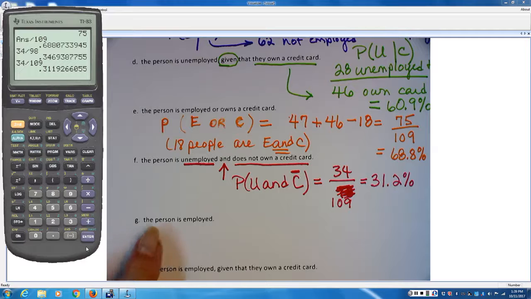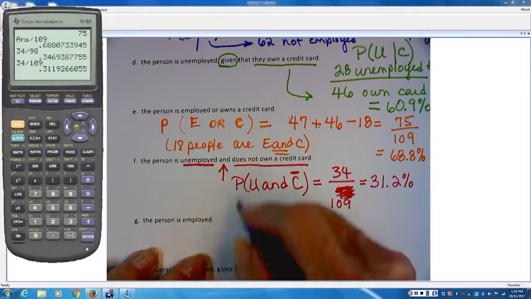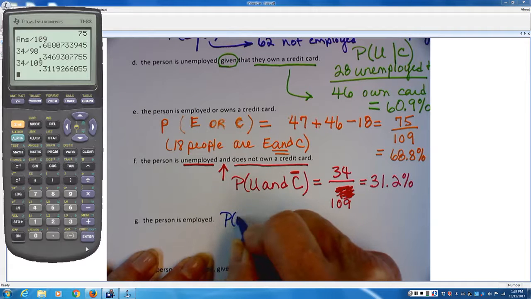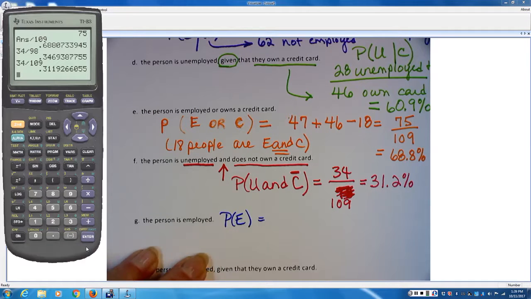Now you answer G for me. What's the probability that a person is employed? Is it 18 over 109? No, this is the probability of total number of employed people. How many people total are employed? 47.